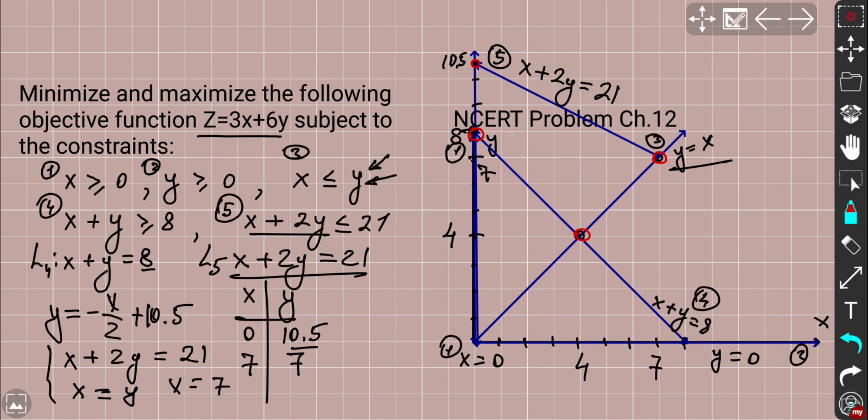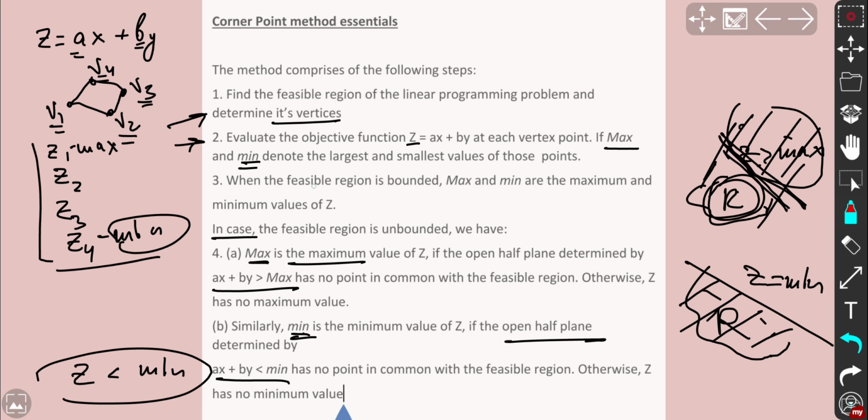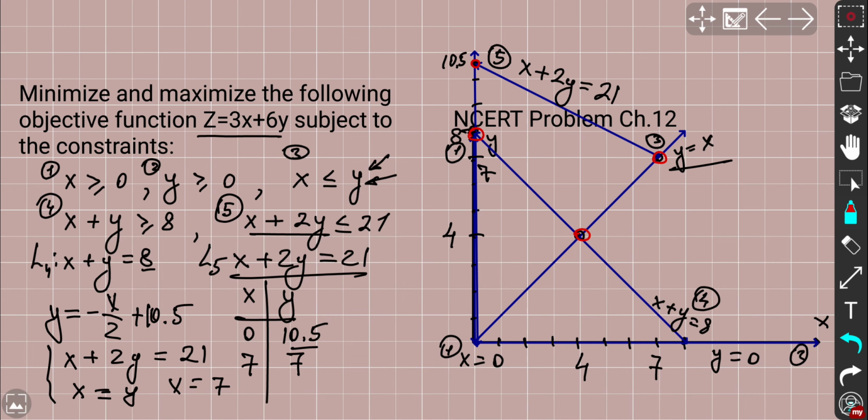On step 2, because right now we actually got to step 3 and the region is bounded, we need to find the minimum and maximum value for z. So we are trying to execute step 2, and here we just put the coordinates for each vertex point. So here is going to be 7, 7.